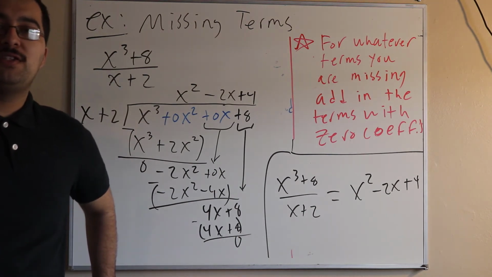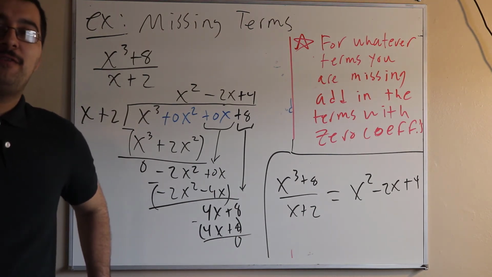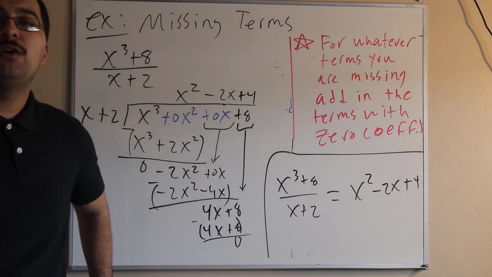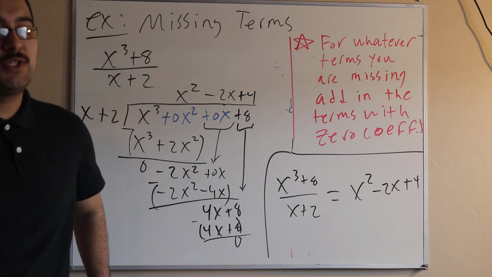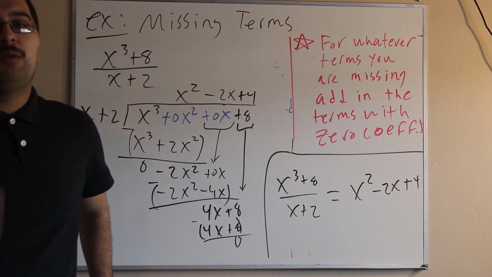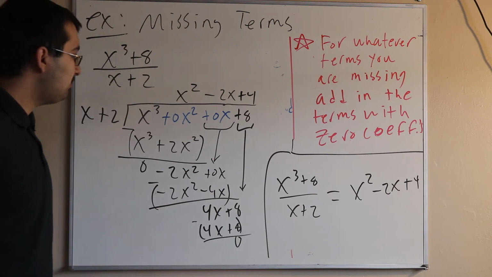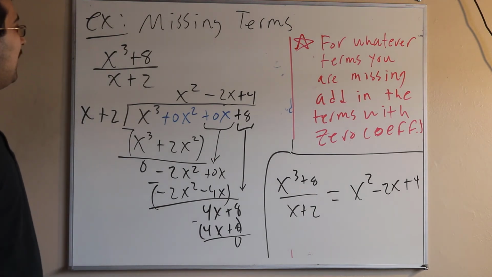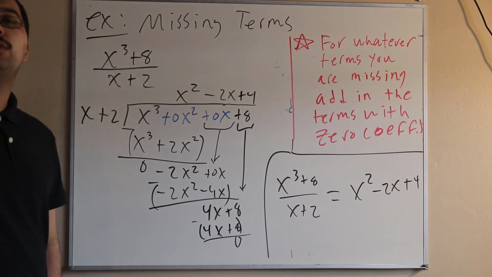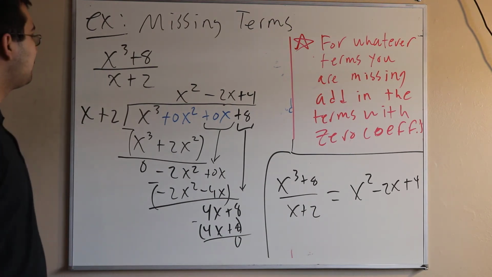But with this zero coefficient trick, we just simply plug those missing terms into our polynomials and the problem becomes just like any other long division problem. And we just walk through it, simple as that. So there it is. Go ahead and pause the video now to copy this work down, and then we'll go ahead and move on to our next example.